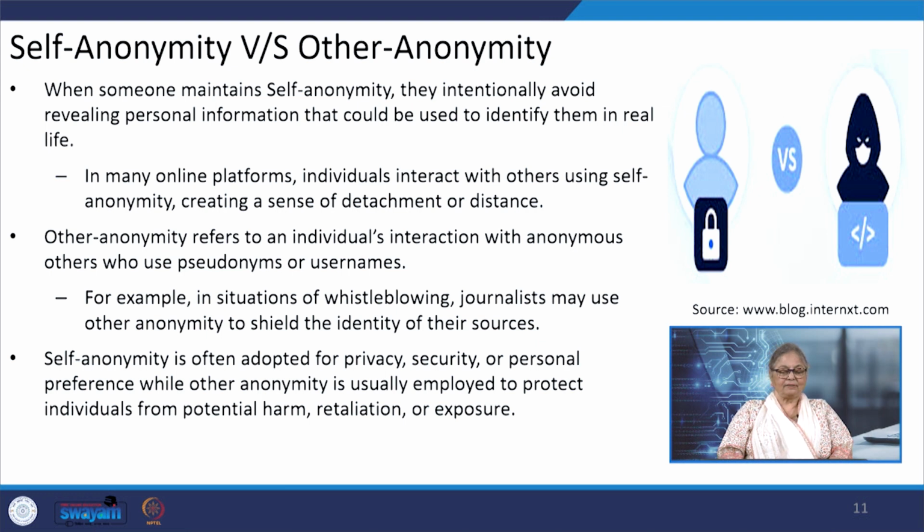For example, in situations of whistleblowing, journalists may use other anonymity to shield the identity of their sources. Self anonymity is often adopted for privacy, security, or personal preference, while other anonymity is usually employed to protect individuals from potential harm, retaliation, or exposure.